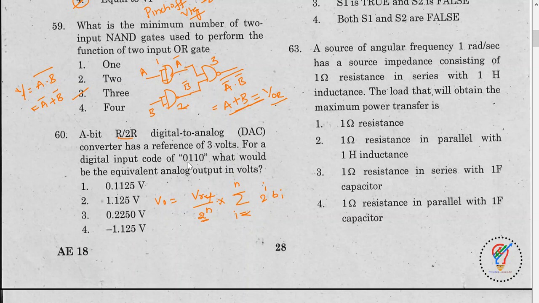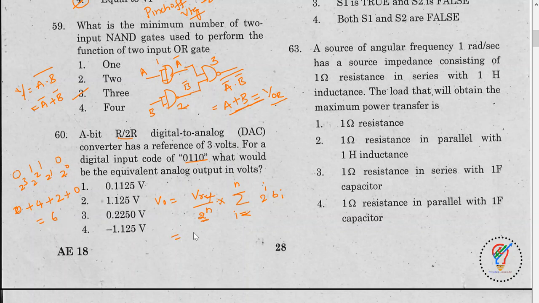What is the decimal equivalent of this 0110? I'll write here 0110. So 2 power 0, 2 power 1, 2 power 2, 2 power 3. What is the equivalent value? 2 power 3 into 0 means 0, plus 2 power 2 into 1 means 4, plus 2 power 1 into 1 means 2, plus 2 power 0 into 0 means 0. So it's going to be 6 here.